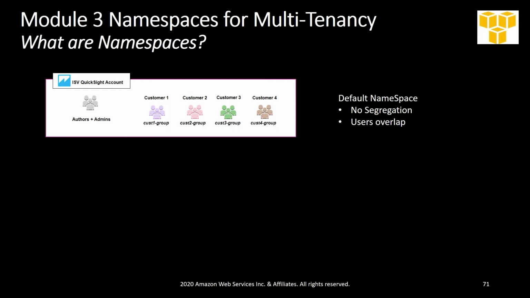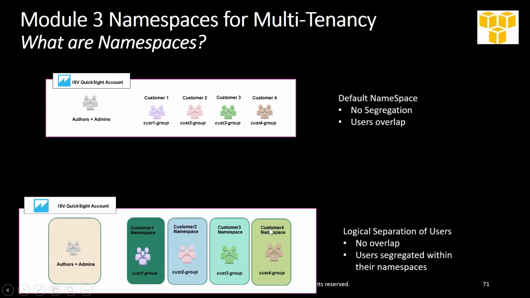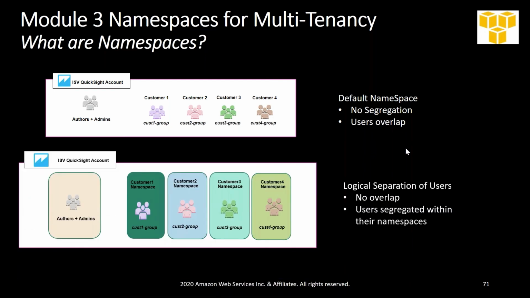So that is where namespaces come in handy. When we create a namespace, what we allow is creating a simple domain within which the users can exist for that particular customer, right?